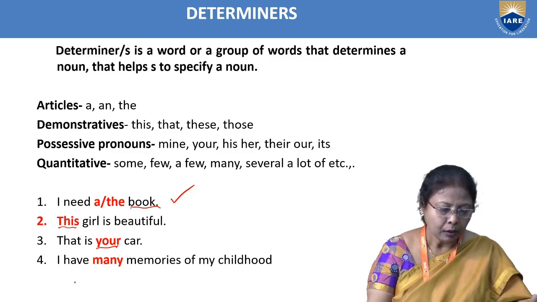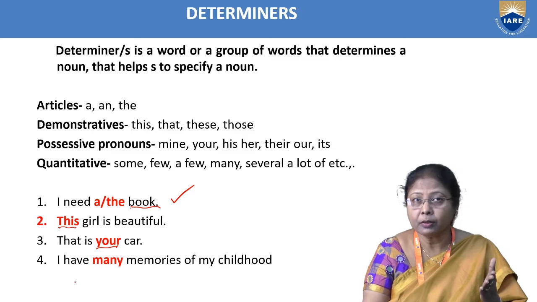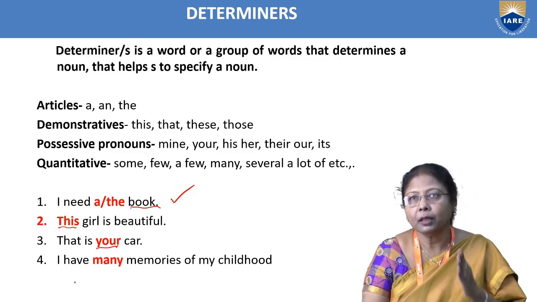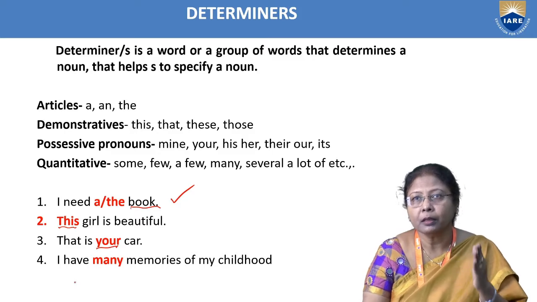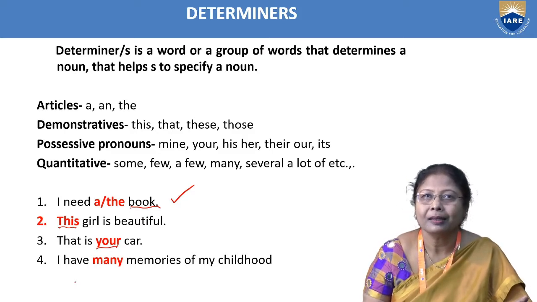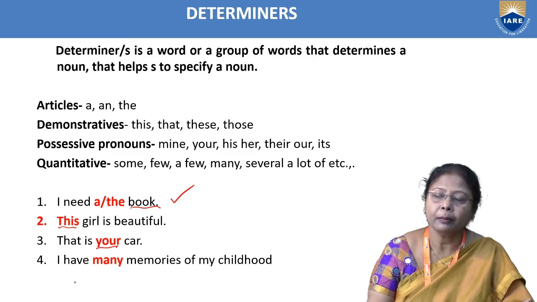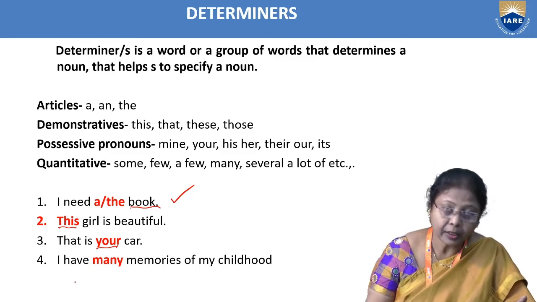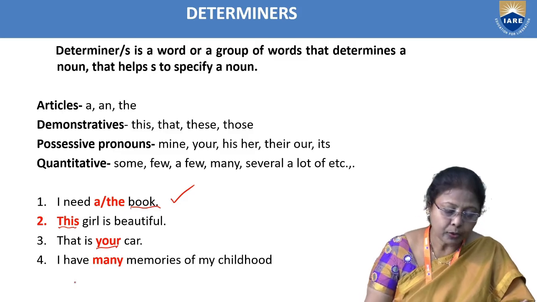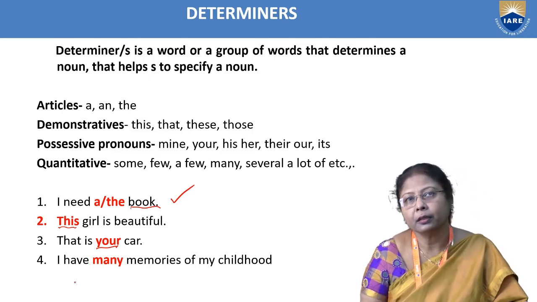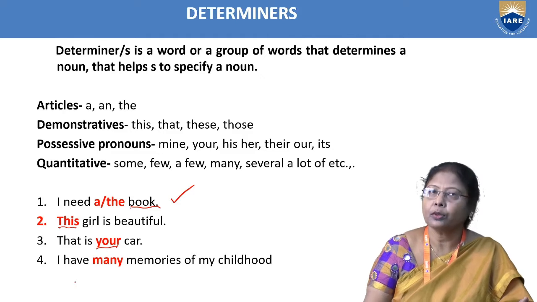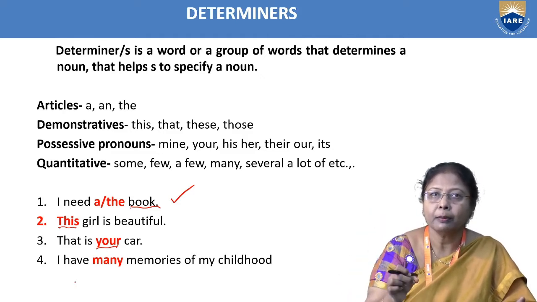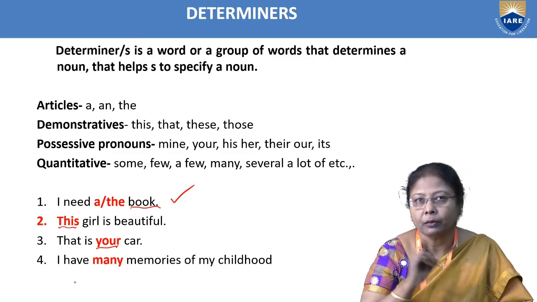So here, articles, demonstratives, possessive pronouns and quantitatives determine a noun. We call them determiners. Articles are determiners, demonstratives are determiners, possessive pronouns are determiners, and quantitatives are also determiners, which determine a noun and help to specify a noun.